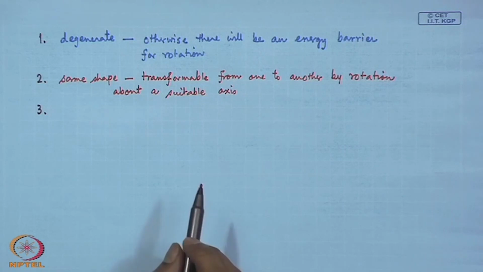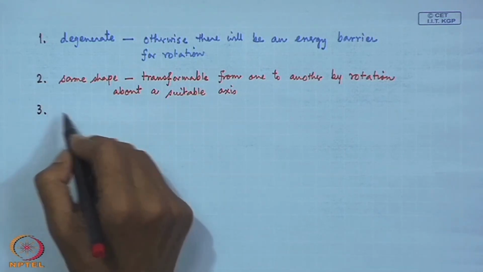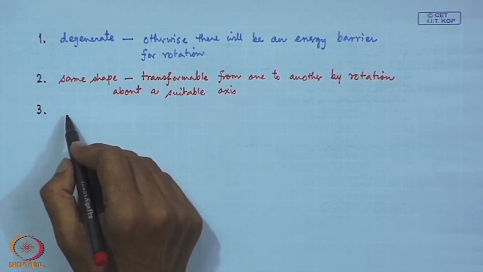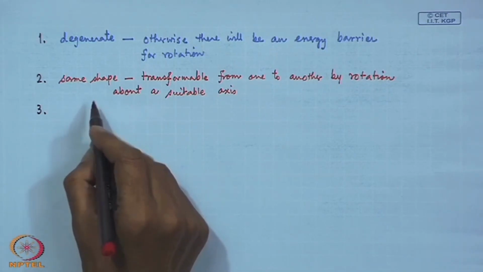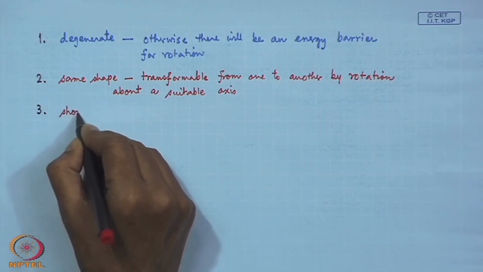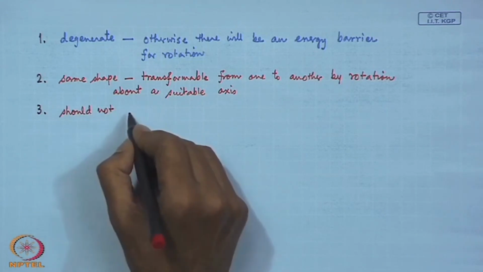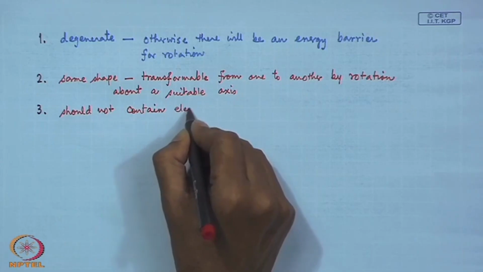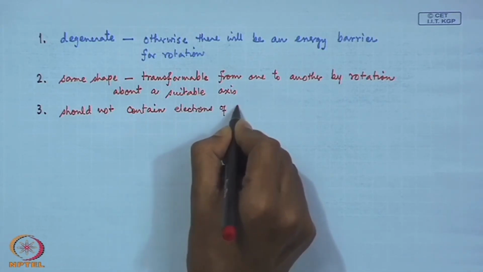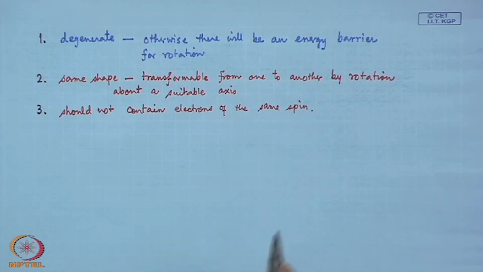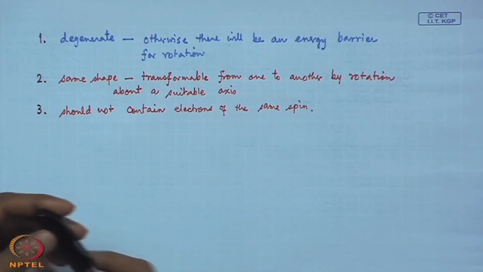So, we should also consider, and when we allow this rotation, the orbitals we are talking about for the movement of the electron to the other should not contain electrons of the same spin. So, these are the 3 basic rules we can follow for this orbital rotation and transformation model.